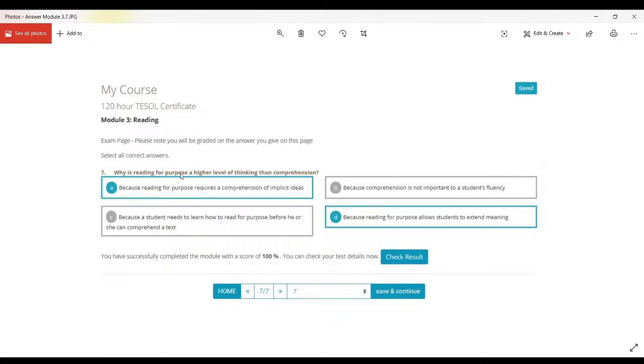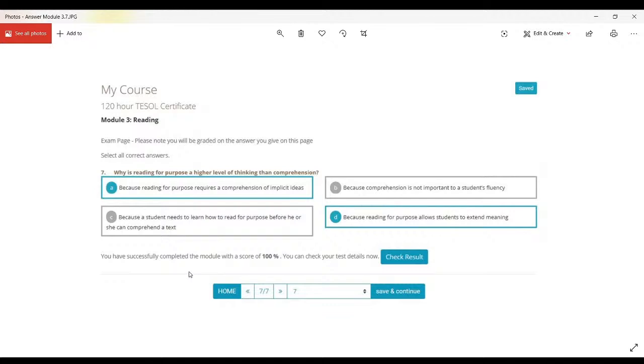It's not only about comprehending, okay? Dun sa reading comprehension ay magkaiba kaysa dito sa reading for purpose.